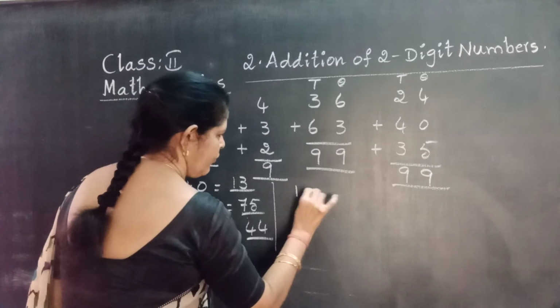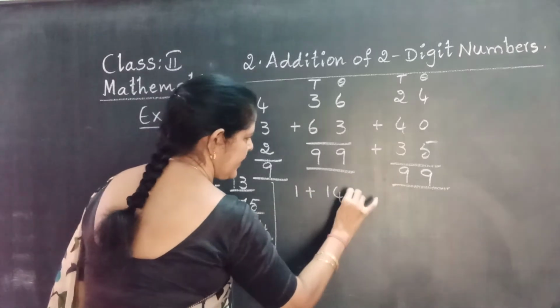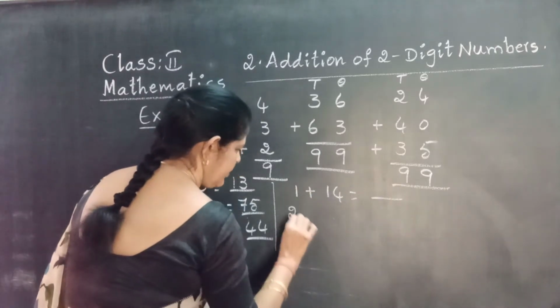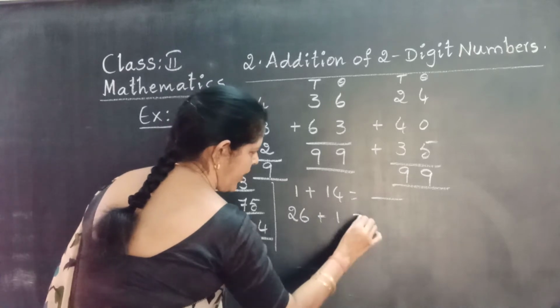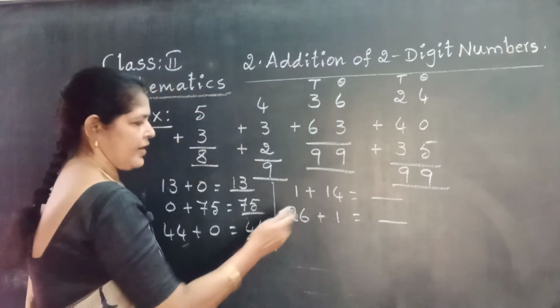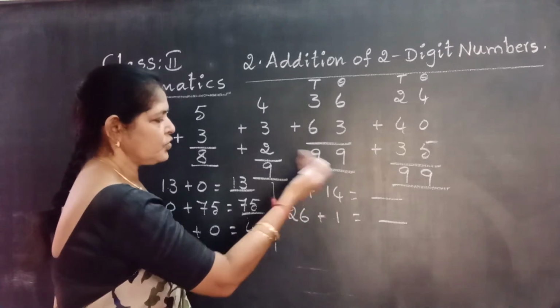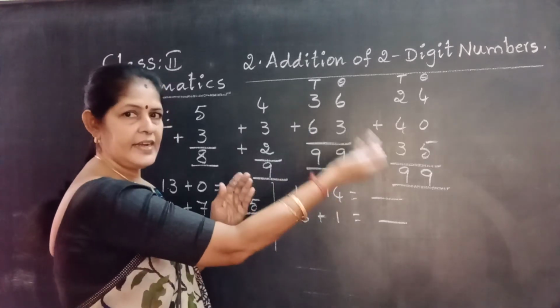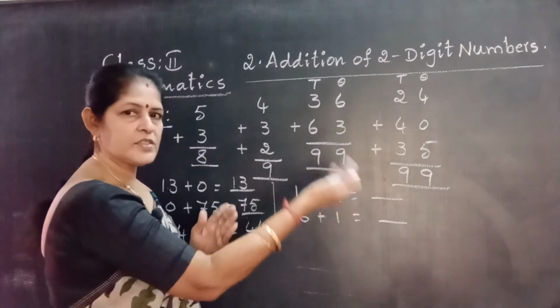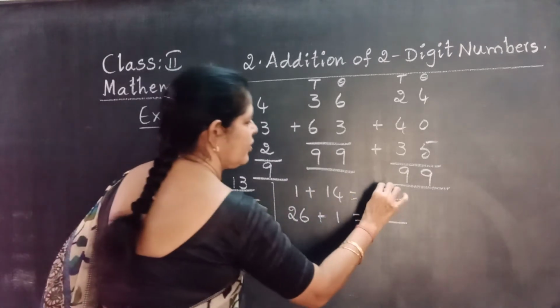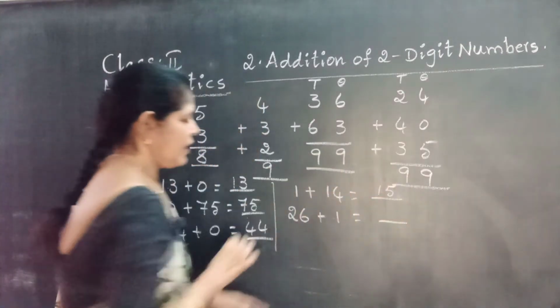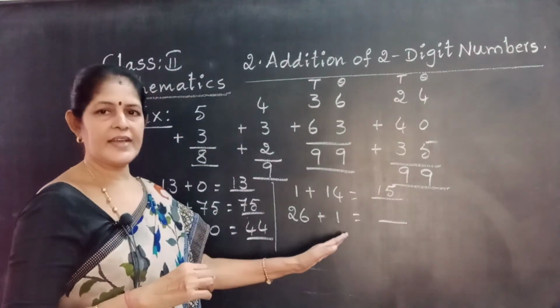Another one. 1 plus 14 or 26 plus 1. Here the given number is 14. When we add 1 to the number, we get the next number. What comes after 14? Very good, 15. Now come to here, 26 plus 1.